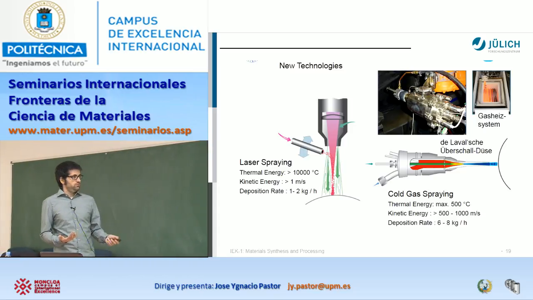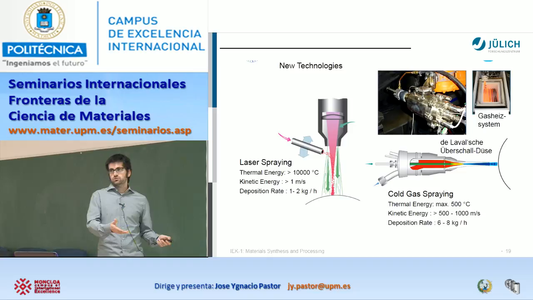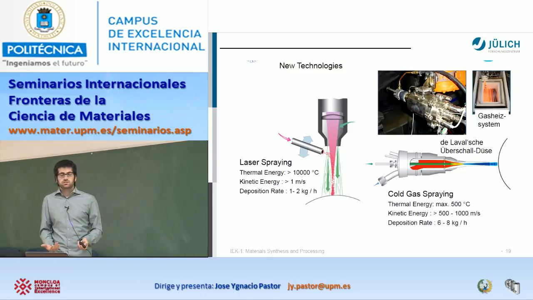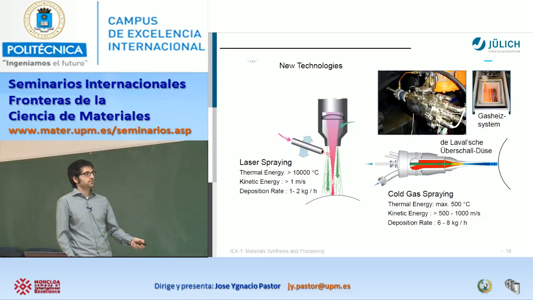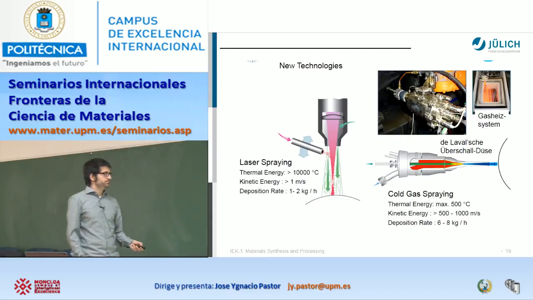In this case, if we want to reduce the temperature, we should use really high energy. In the other case, where the temperature is high enough and the material is already melted, we don't need the particles to go with really high energy, so the kinetic energy is low. Okay, well, it's 1 meter per second. That is high, but not like the other one that is really high. And that was the solution to reduce the temperature.